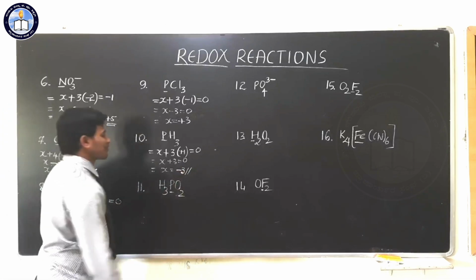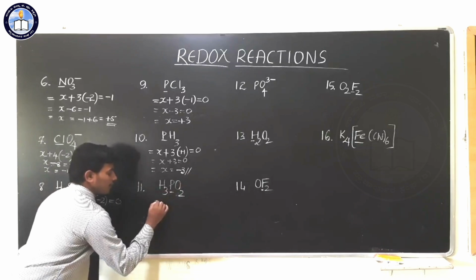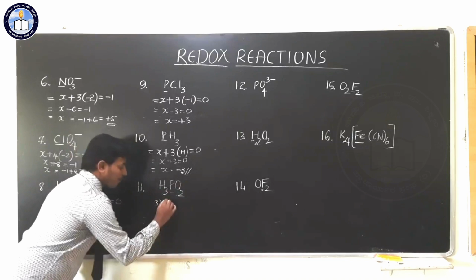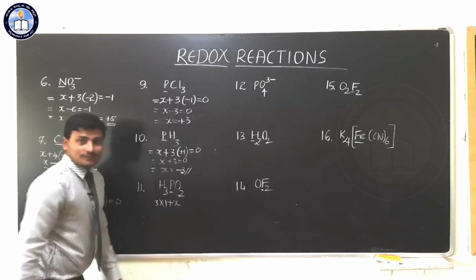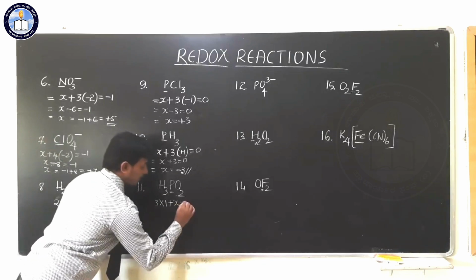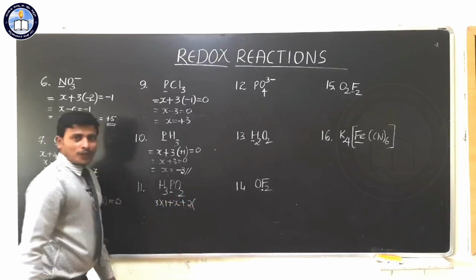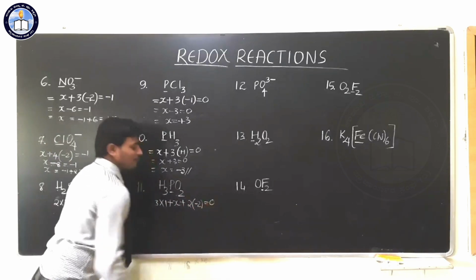So the next one here is for P. Same, phosphorus. 3 hydrogens are there, 3 into hydrogen value 1, plus P, we have to find x, plus 2 into the value of oxygen minus 2, equal to 0.